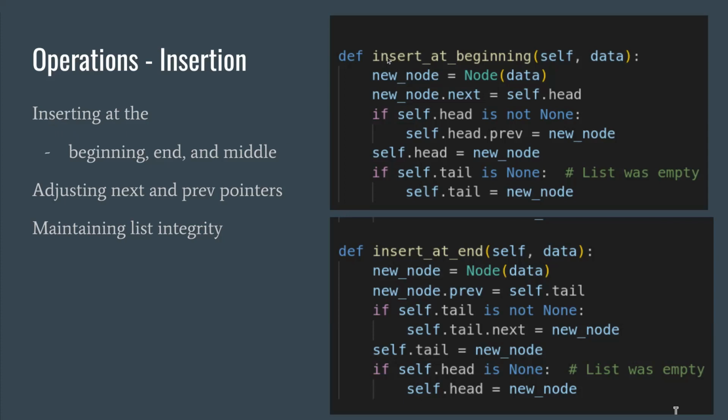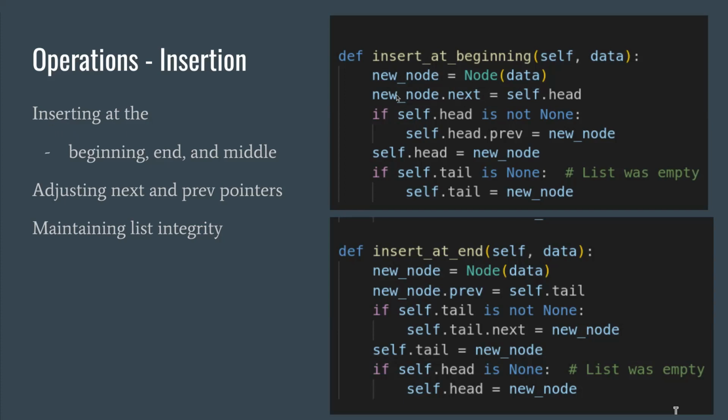So let's look at the code example, insert at the beginning. Given this new data, we will first initialize a new node with data. We know that a node not only has data, but also next and prev.